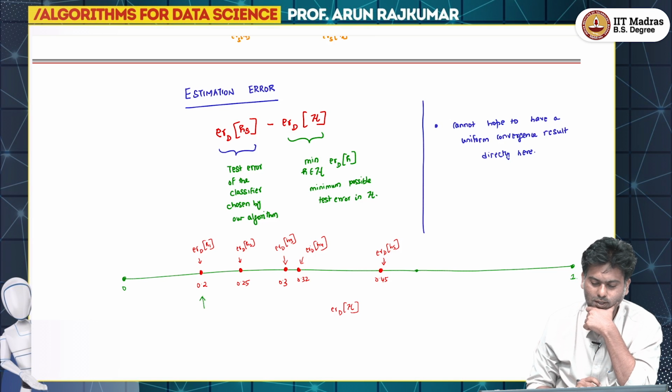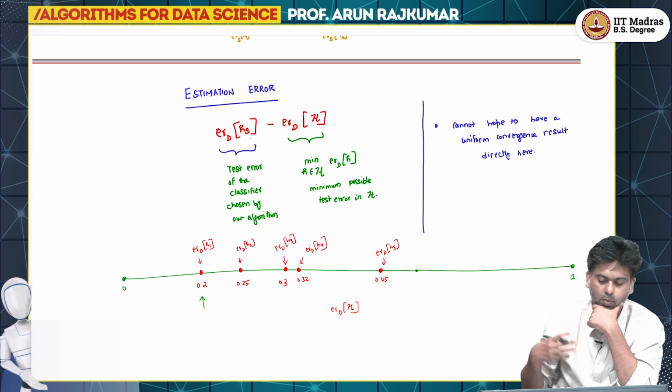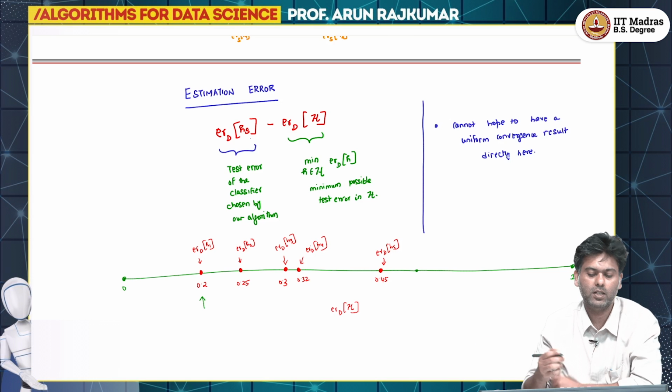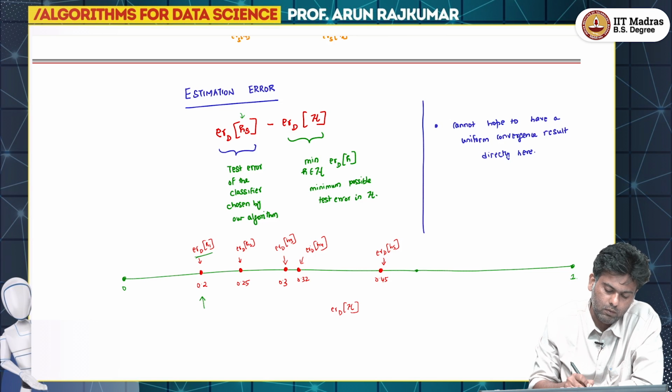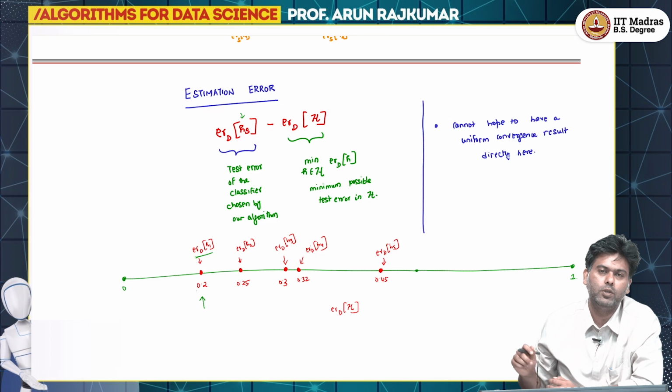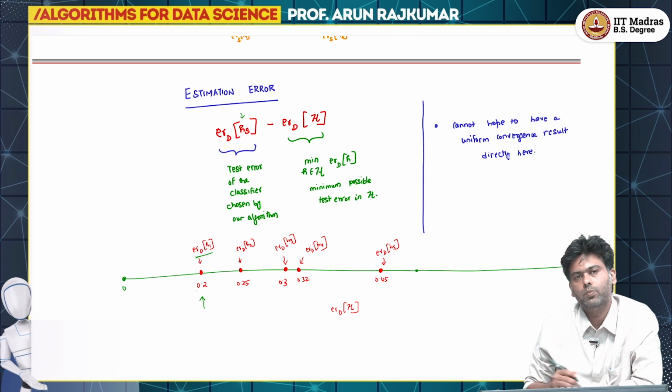Now, what I am saying is that my algorithm looks at the data and picks some classifier which is HS, and that has some test error. Now, it could potentially be this guy itself, H1, in which case the difference is going to be 0, but let us say the epsilon that I care about is 0.07, right.